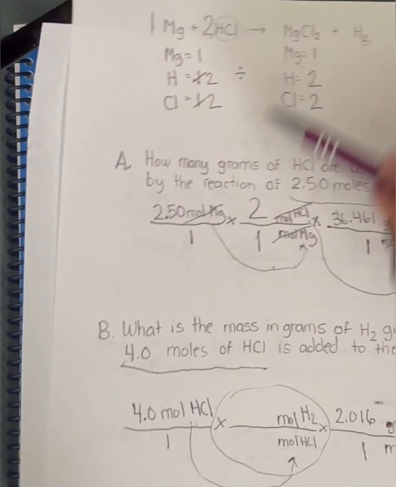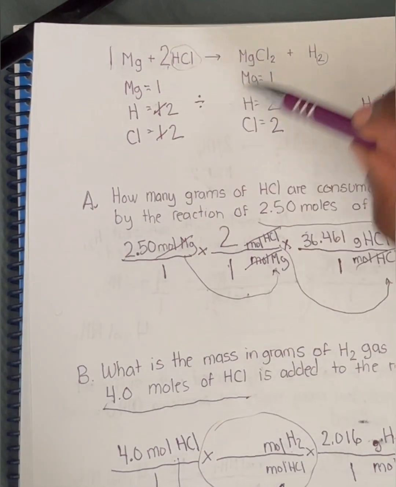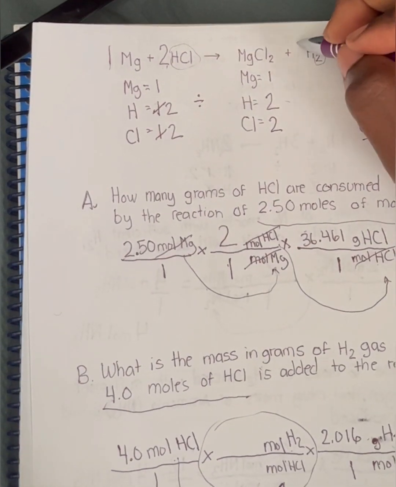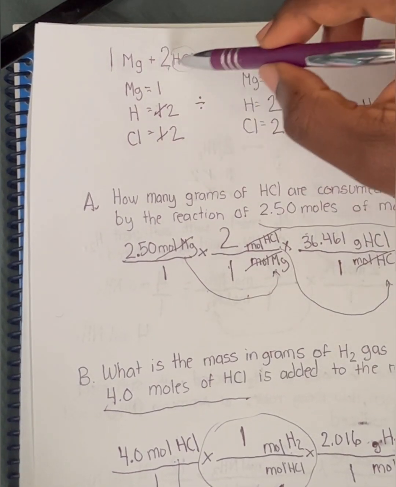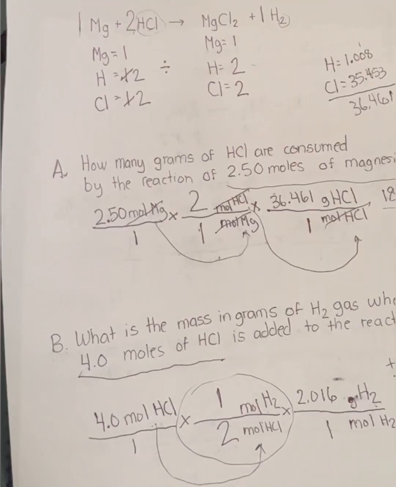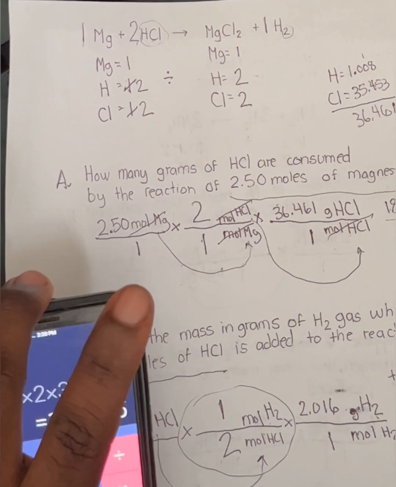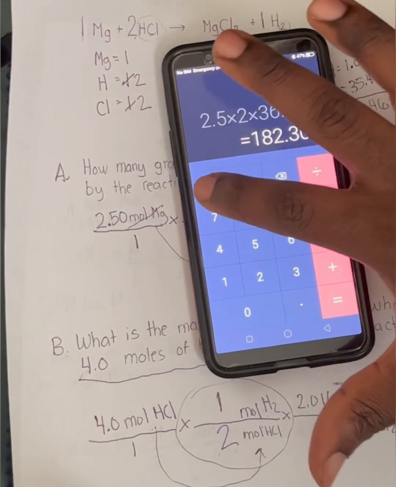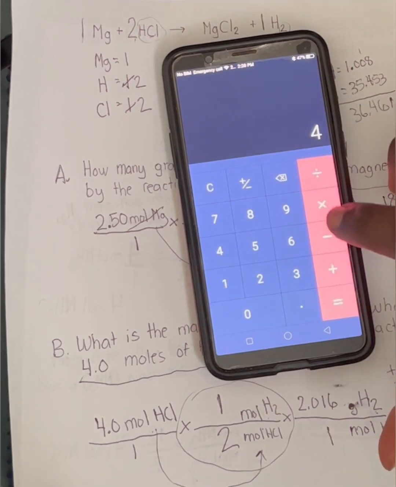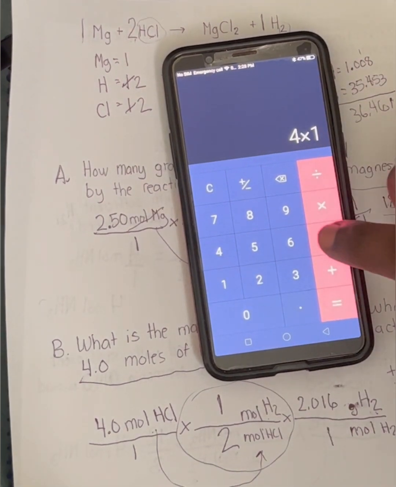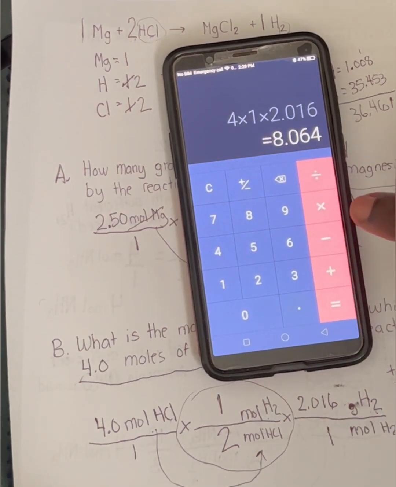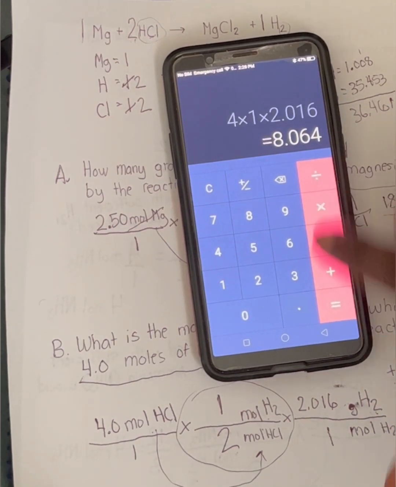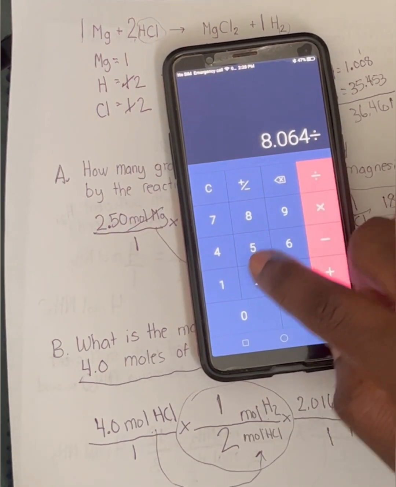So now we go in our equation and we look for the molar ratio. What's in front of the H2? Nothing. So let's pretend it's a 1. So 1. What's in front of HCl? 2. So it's going to be 4 times 1 times 2.016 equals 8.064 divided by 2.